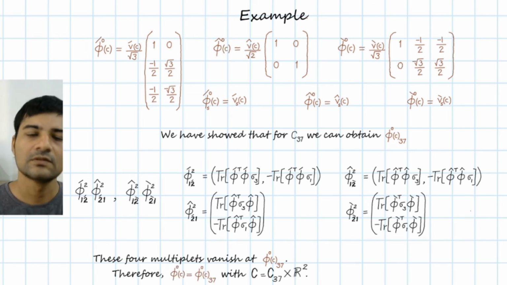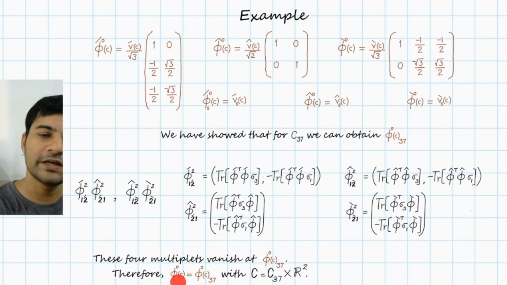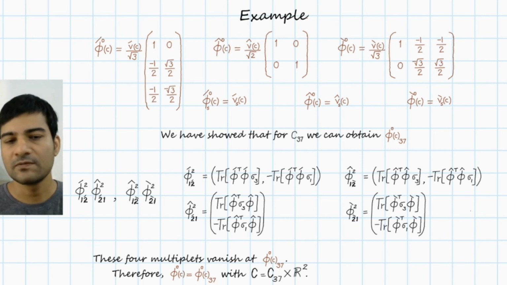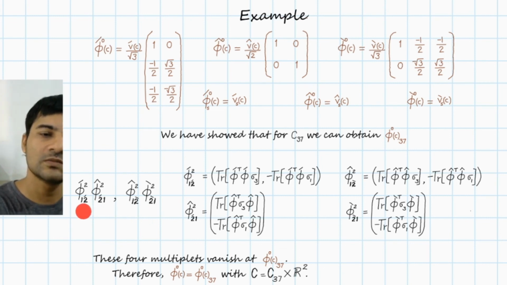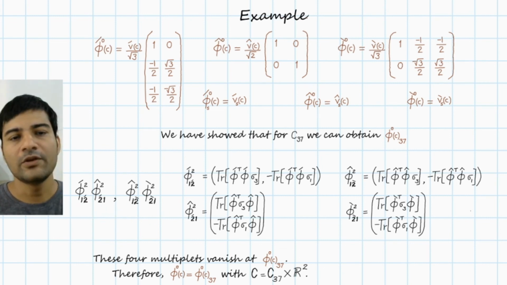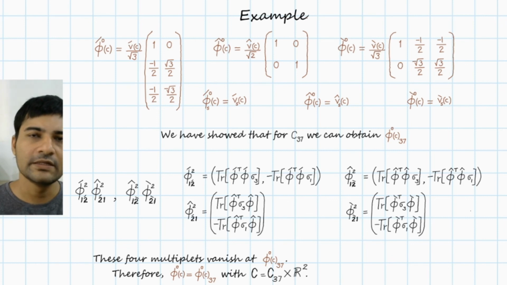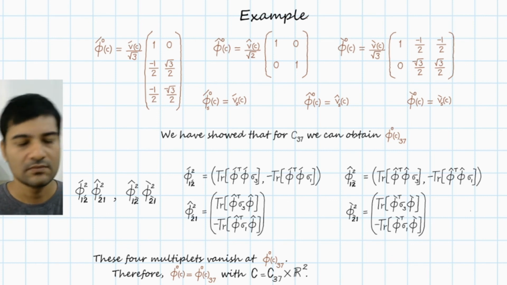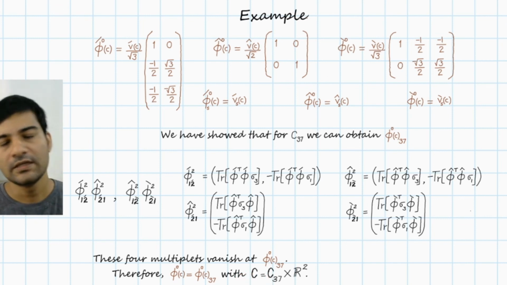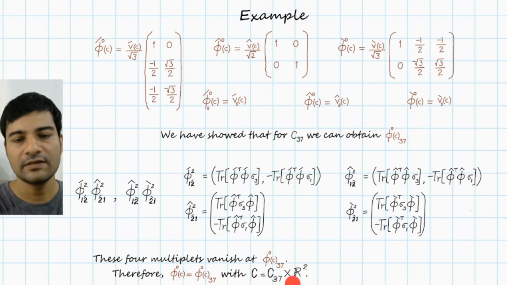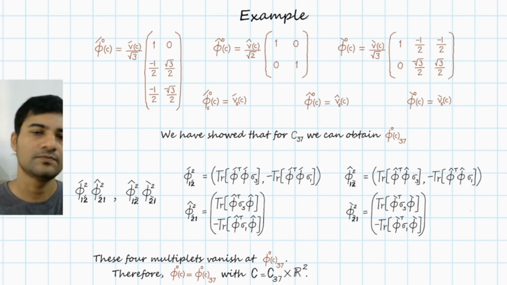Therefore, the stationary point phi 0C is equal to the restriction phi 0C to the lower dimensional space C37. In other words, the coefficients of these 2 terms play no role in determining the stationary point phi 0C. And the full domain C is C37 times R2.